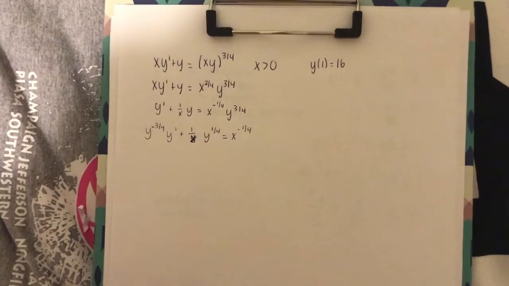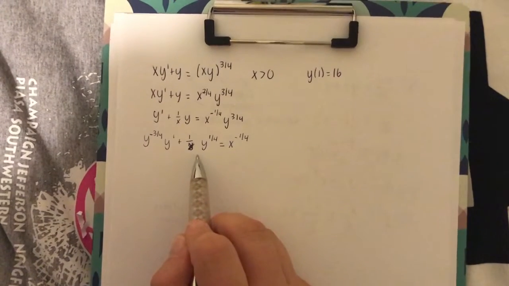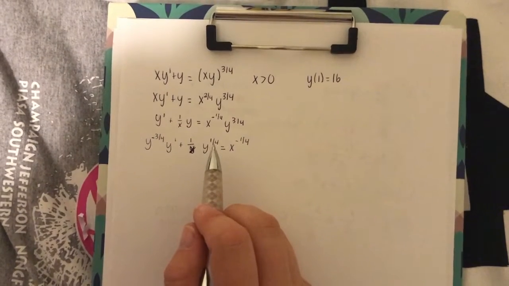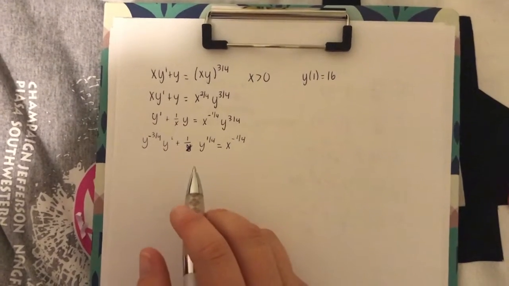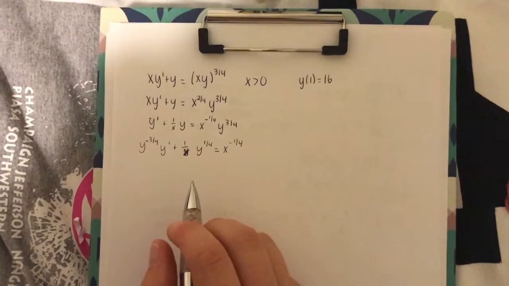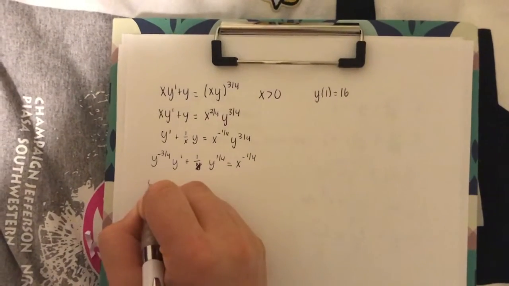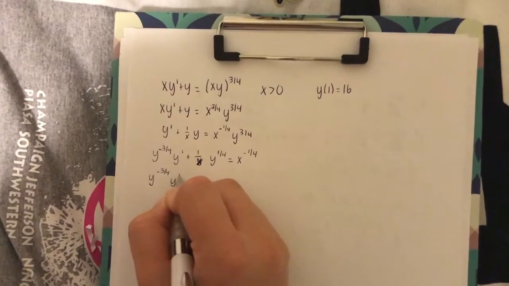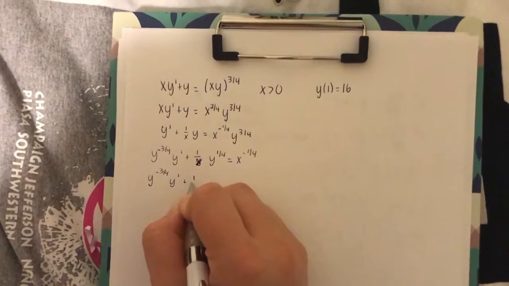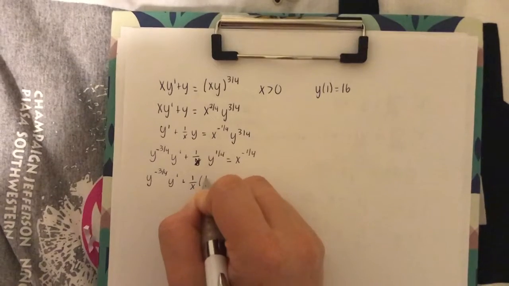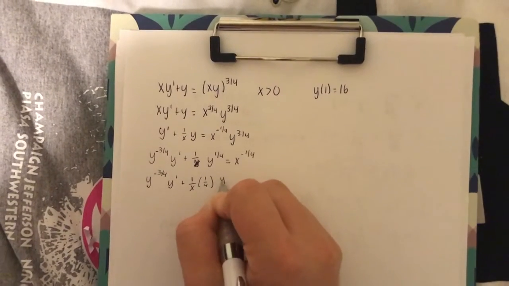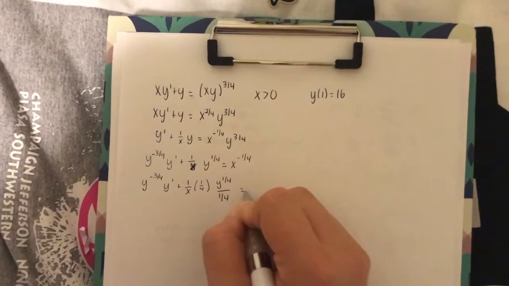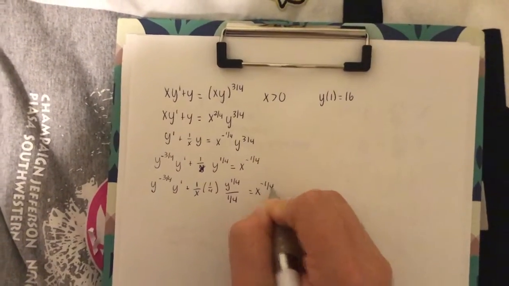Now, the last thing I need to do to this middle term right here is to multiply by that n minus 1 power and also divide, so that it's like I'm multiplying by 1, so I'm not changing the equation. So I have y to the negative 3/4 y prime plus 1 over x times 1 over 4 times y to the 1/4 divided by 1/4 equals x to the negative 1/4.